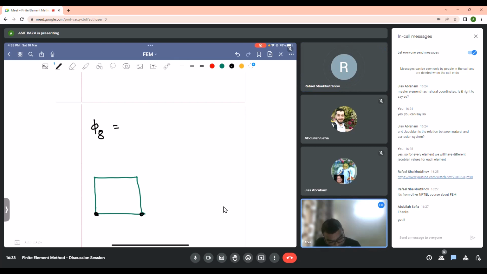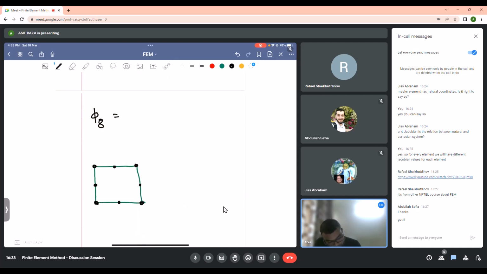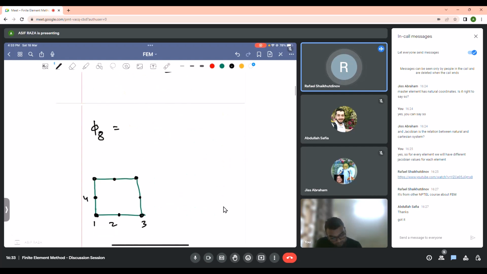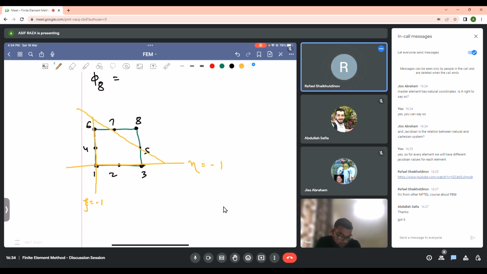So we have 1, 2, 3, 4. Oh, I know. We need to draw a line through eta equal to -1, and a line through xi equal to -1, and the line that comes along node 7 and node 5. Yes.